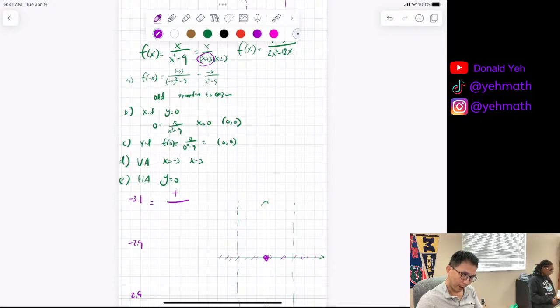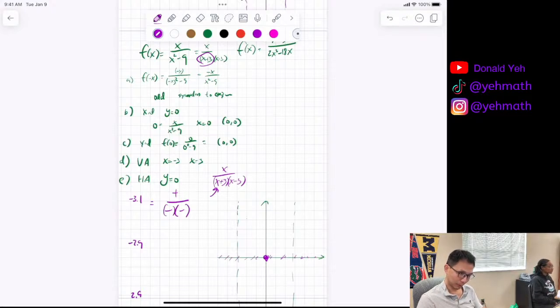Think about it. If you have x over x plus 3 times x minus 3, what happens if we plug in negative 3.1 here? Negative. You've got to tell me that. And how about the other one? Negative 3.1 subtract 3, it's going to be negative. Yes, Brandon.